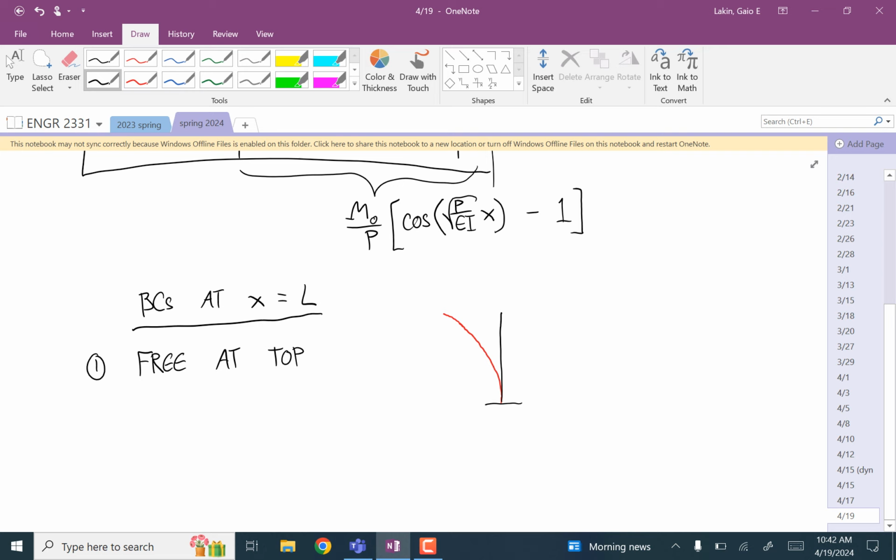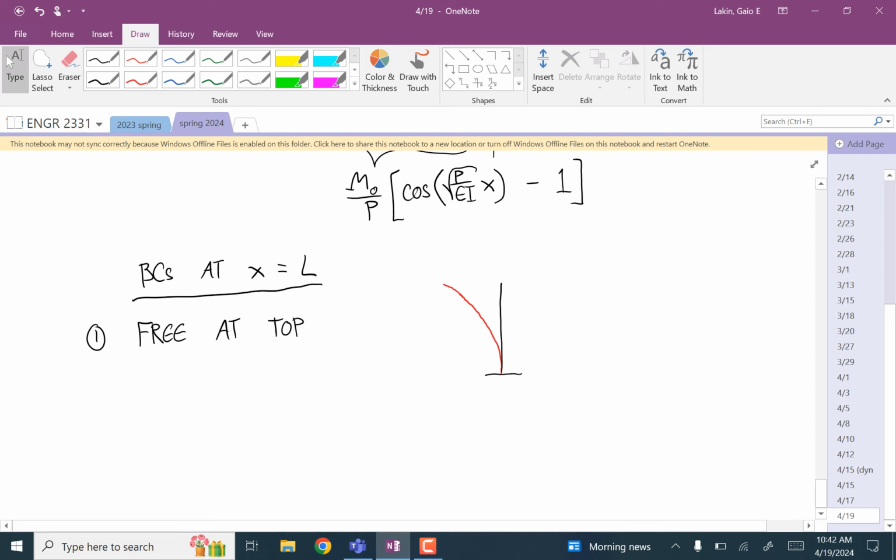So if all you have is a force acting at the top, and this is the free end, so we're not applying a couple to the top, what you know here is that the bending moment at x equal L is equal to 0, okay?